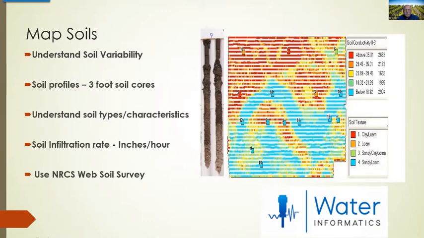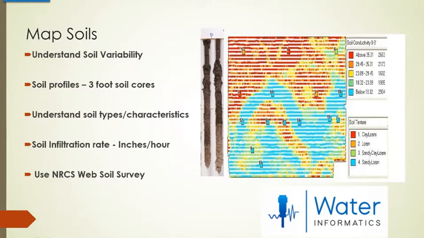Understanding soil types and characteristics, there's 4 or 5 apps that you can use to map soils. I happen to use the NRCS Web Soil Survey. When I click into the variability of these maps and we look at them in detail, they'll print out a description of these soils. So in that blue area, that area is called the Tujunga sandy loam.